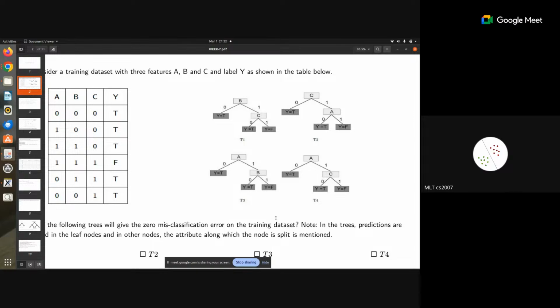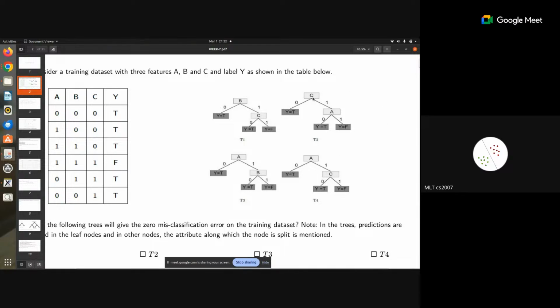What about if it is 1? Then the question will be about x3, x4, x5. Whenever the ones are there, it will say false. So for x4 and x5, it will predict false, right? So what will be the misclassification error in this case? It will not be zero. That means there is one misclassification, which is x5.